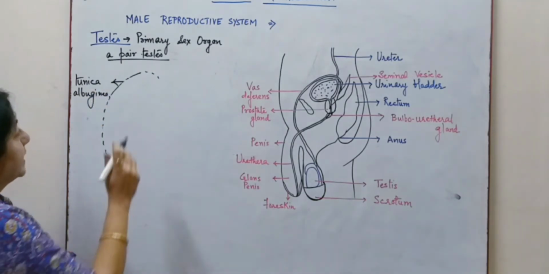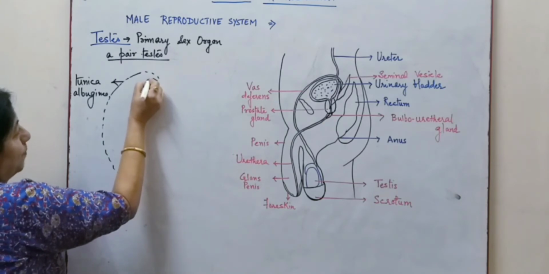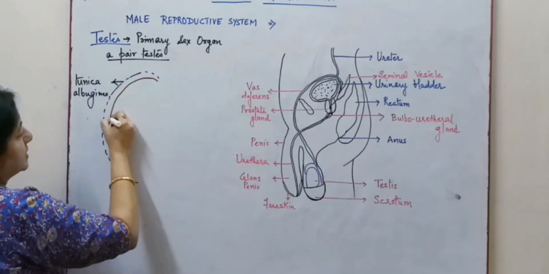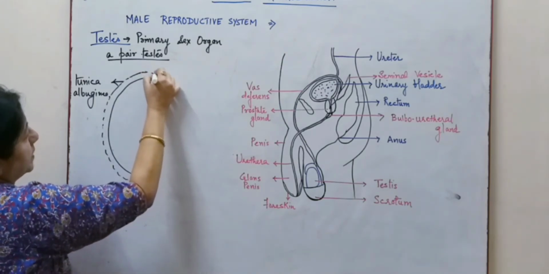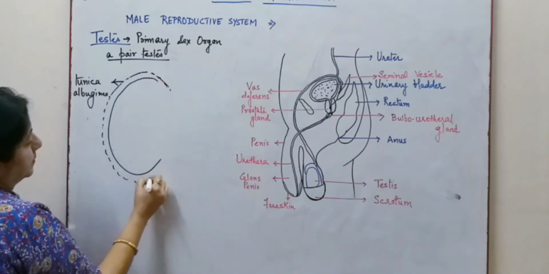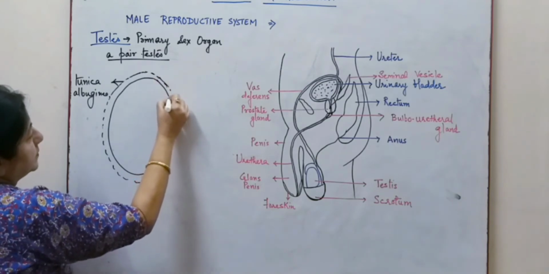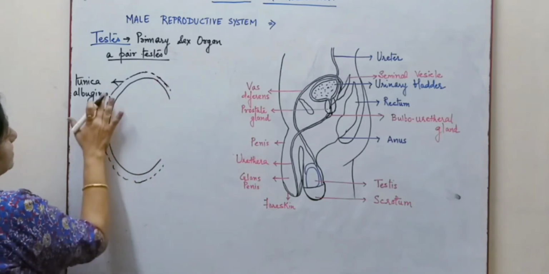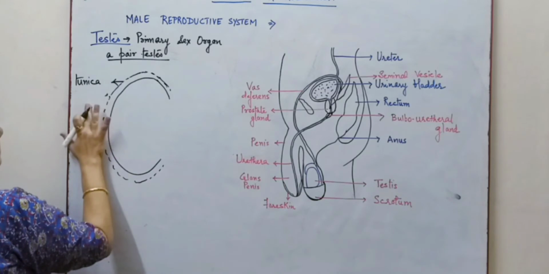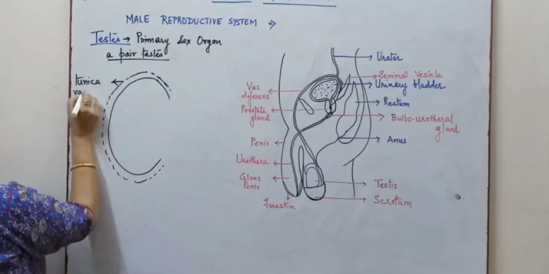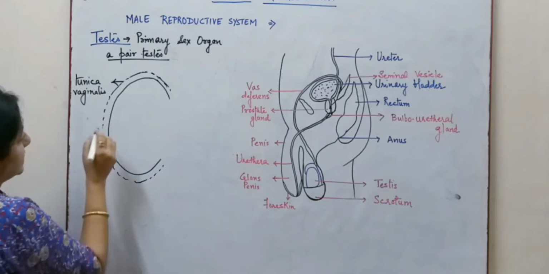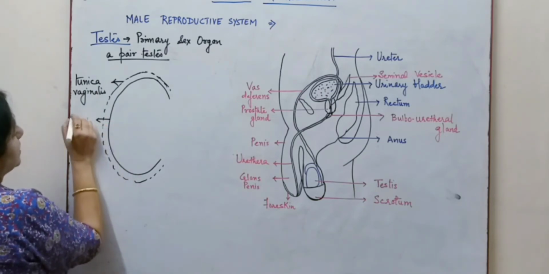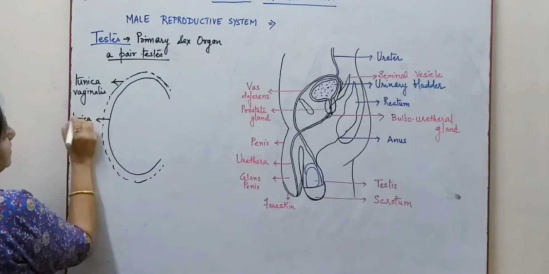Now, inside each of the testes, let us take it this way. This is the tunica vaginalis. Inside is the layer which is known as tunica albuginea.